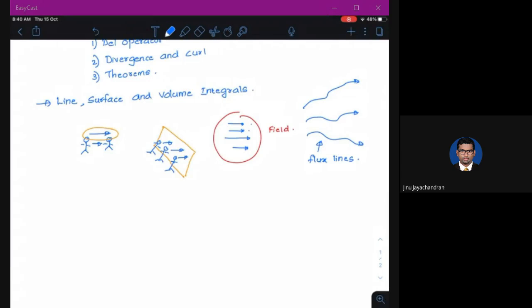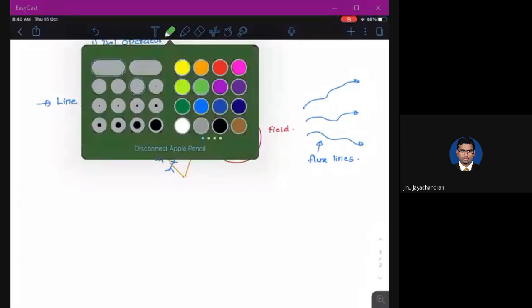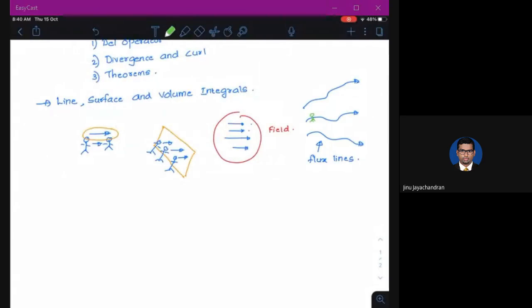For example, if you stand over these lines, then because of the force being exerted, you will be traveling along this line. If you stand somewhere here, then you don't have any force being exerted, so you will be at a static position. So whenever you see flux lines or a field, you can see it as some kind of force being exerted at that point.